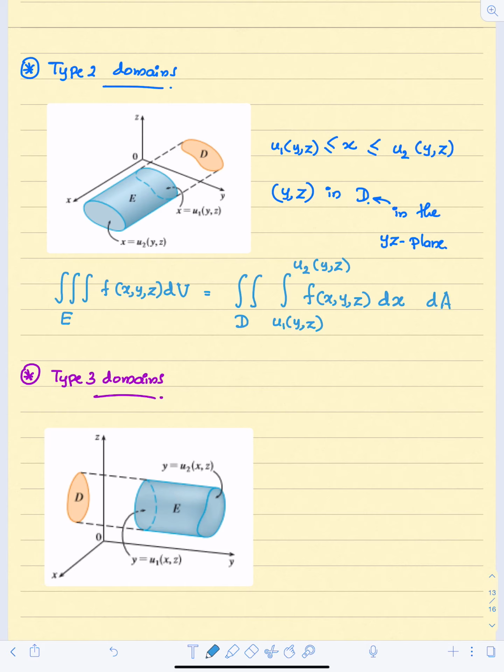Finally, you should have dA. Now this dA is an area element on this domain.